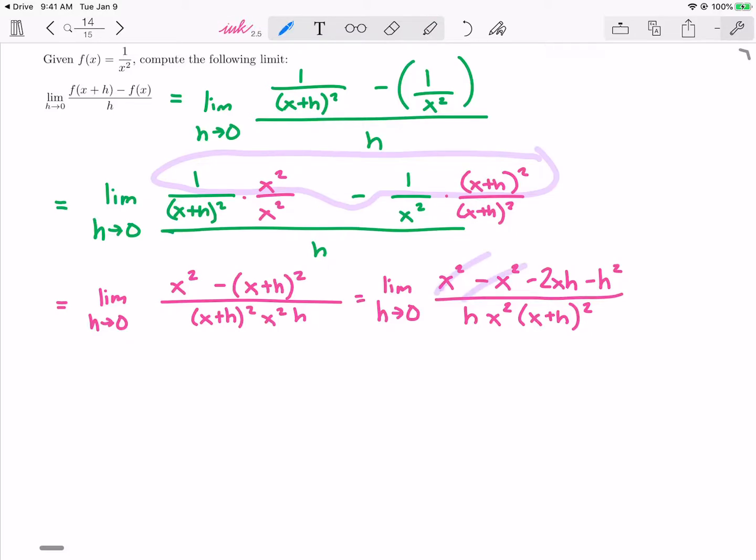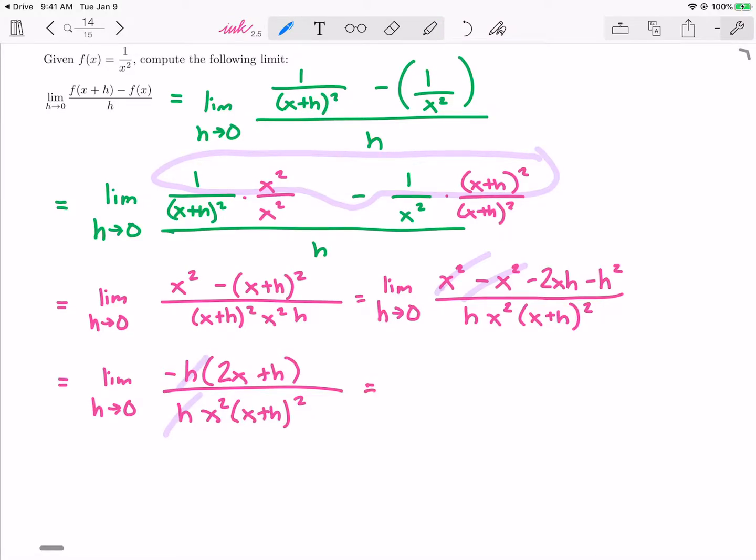I'm going to factor out an h, which is almost always a step. As far as I know, it always is. I'll look into whether or not it always is. I'm actually going to factor out a negative h, and then I've got 2x plus h in the numerator. In the denominator, I've got h times x squared, x plus h squared. My h's nicely cancel out. I cannot forget that there's still a negative there, though.